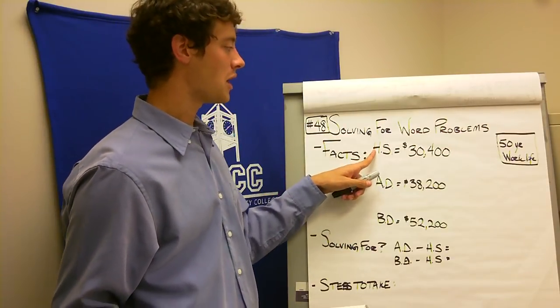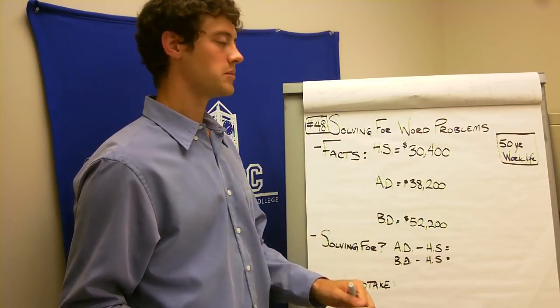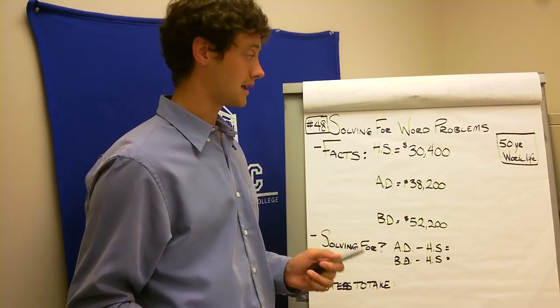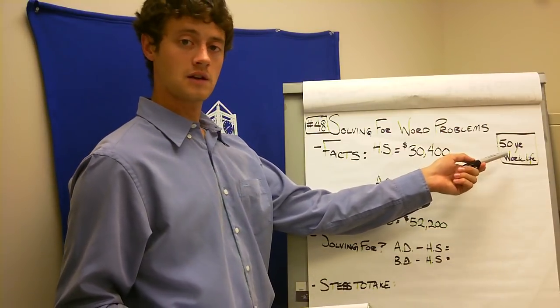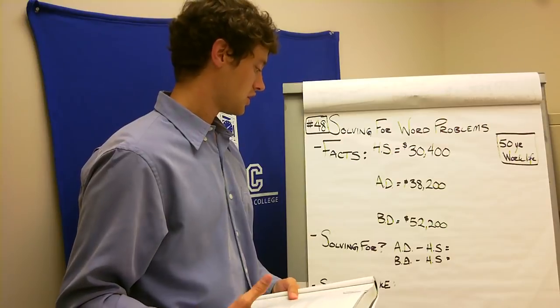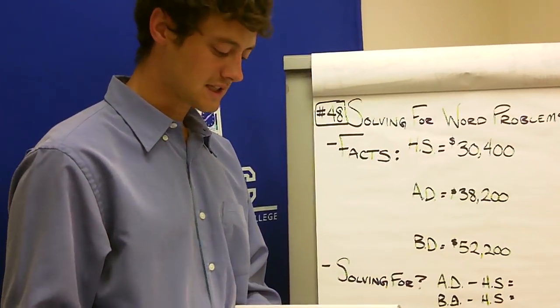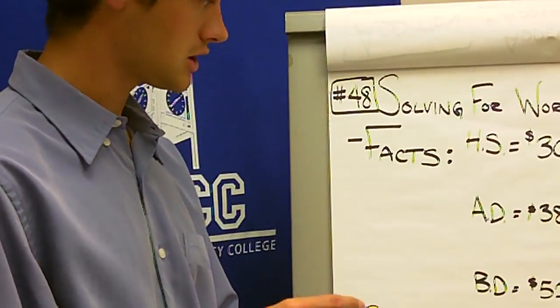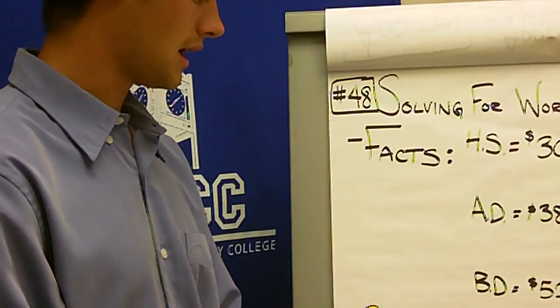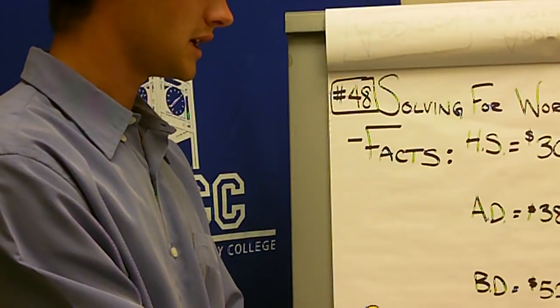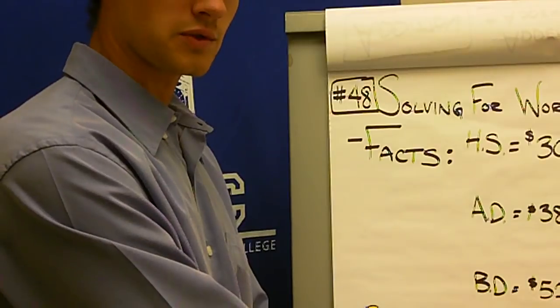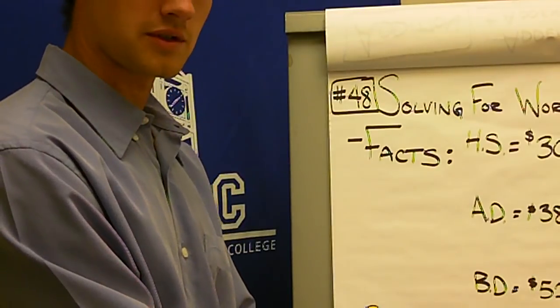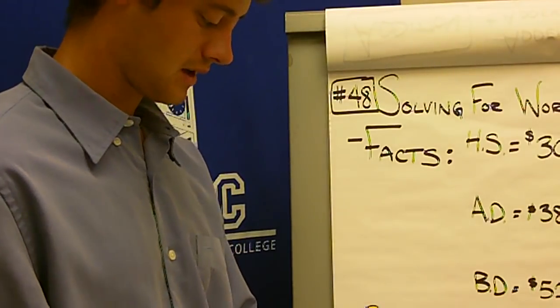Facts. We know how much each graduate makes on average, and we know how many years for the total working life. So what are we solving for? It says specifically, calculate each income, and then calculate the difference between an associate's degree and a high school graduate, and between a bachelor degree and a high school graduate.